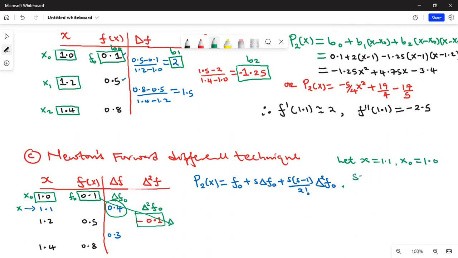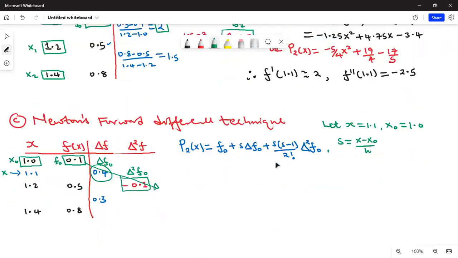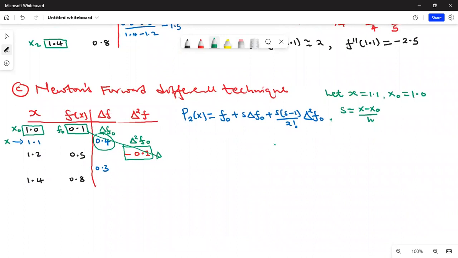So our s is equal to x minus x naught over h. What about h? Look at the spacing between the x values. That is 0.2. It must be uniform. Remember, if the spacing is not uniform, then you cannot use this formula. h is 0.2, the uniform spacing between the x values. So when you substitute, you'll have 1.1 minus 1.0 over 0.2. And so that is 0.1 over 0.2, that is 1 over 2, or simply 0.5.